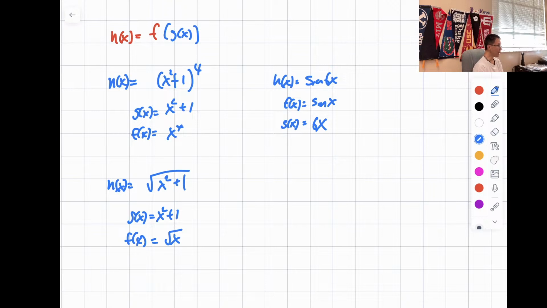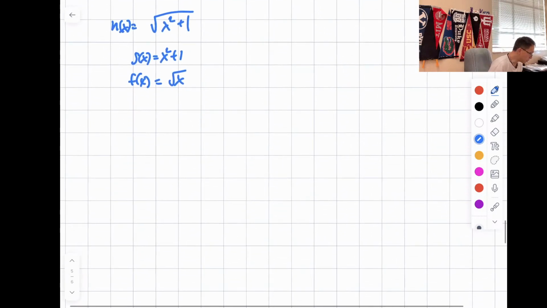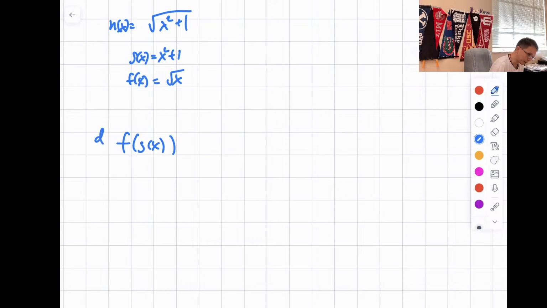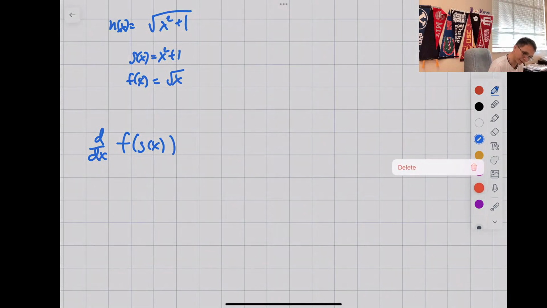So let's give you a definition of chain rule now. The most popular one is if you have f of g of x, and we're taking the derivative of this. If I take a derivative of f of g of x, there are 2 layers.